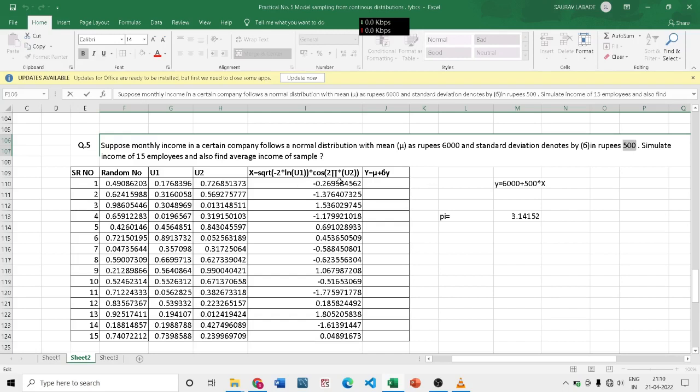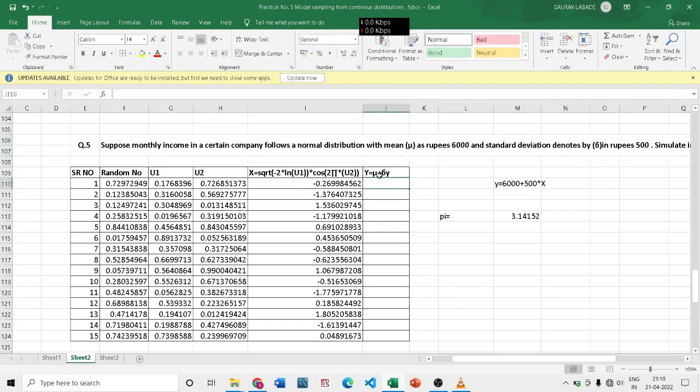Now x means what? These values, right? Yes, so it will be equal to, mu is 6,000 plus 500 star this particular value. Okay, and I will just enter that.